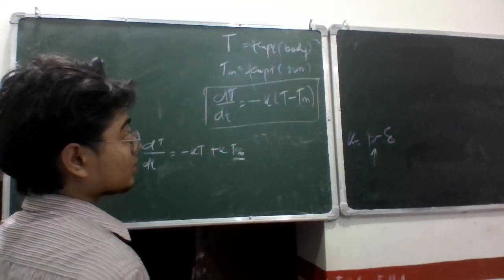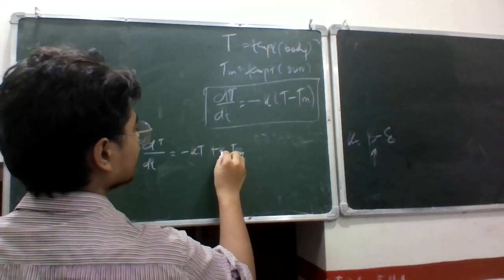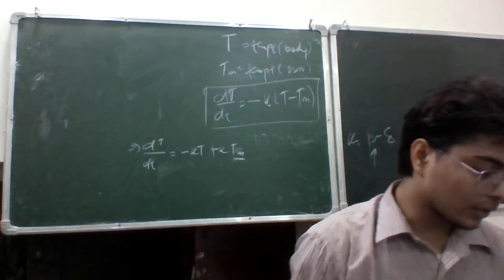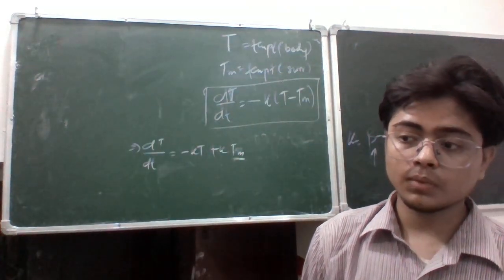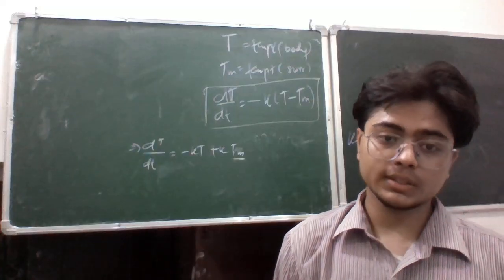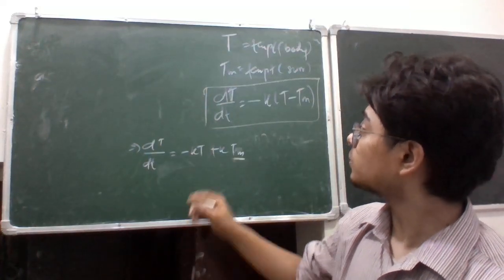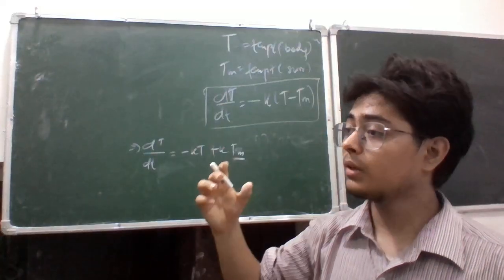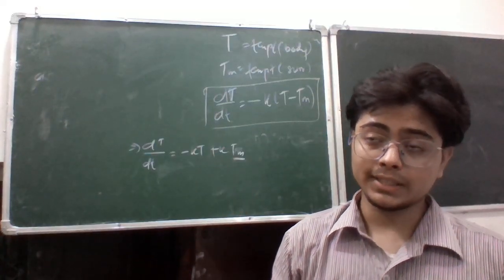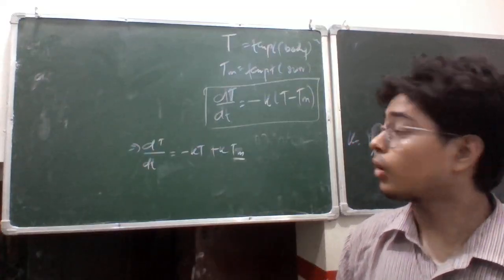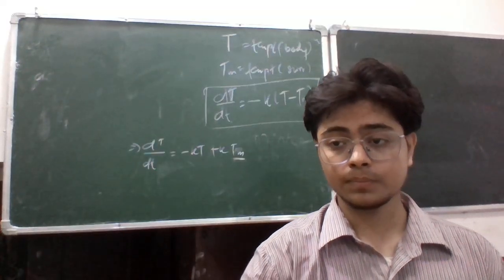Tm is the temperature of the surrounding and T is the temperature of the body. Now the temperature of the surrounding is assumed to be constant, and we consider that over time the body is either heating or cooling such that the temperature of the body is changing.